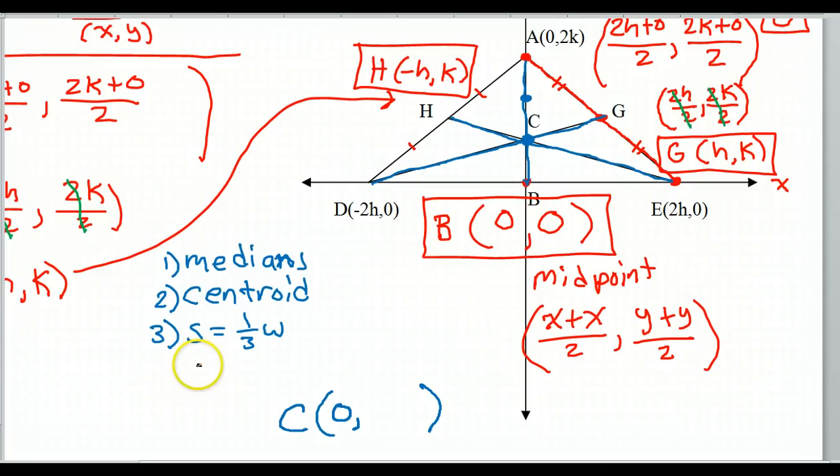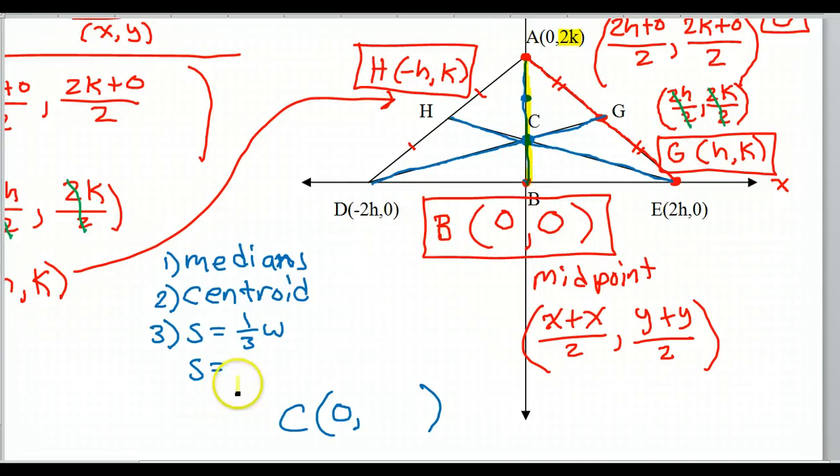So in this case, that small piece is 1/3 of the whole, but the whole is 2k. Look at this. See this y value up here? That's the very top, and it's starting here from the origin. So 2k represents the height of the entire triangle. 2k is the whole length of this altitude.